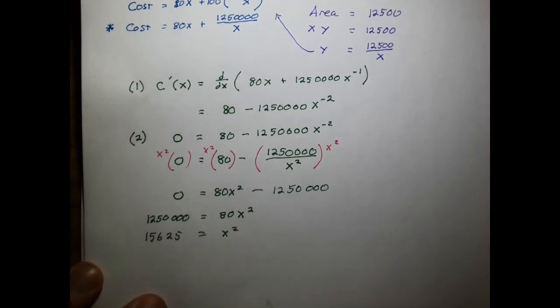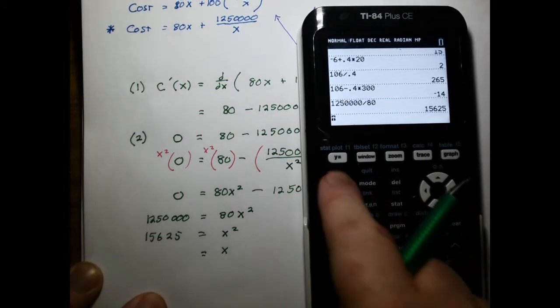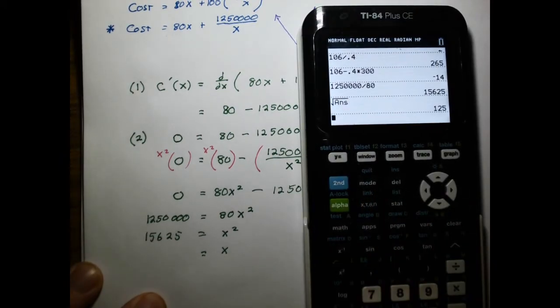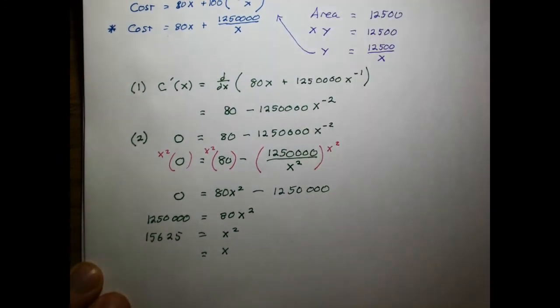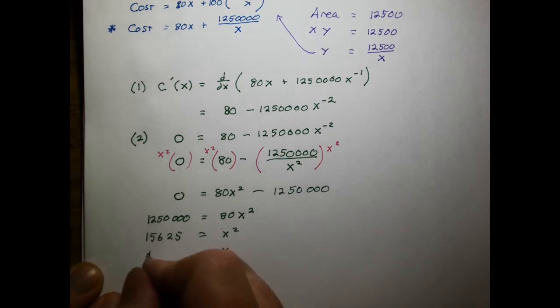And if we take the square root of both sides, we'll get 125. But square root will give us a plus and a minus 125.